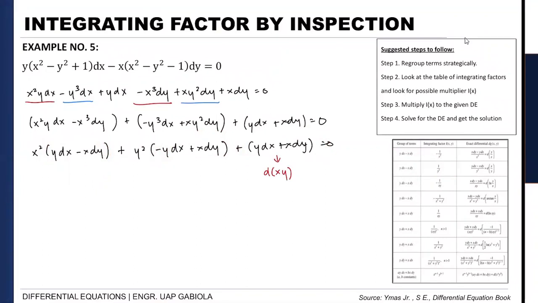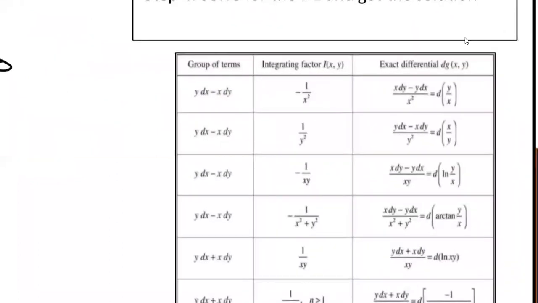So you have to realize that your multiplier to make this term integratable later should have an xy. But here you will see that if we only multiply by xy, there will be a remaining x over y, which is not what we want here. We need the squared terms, x squared and y squared, so that we can make an exact differential.